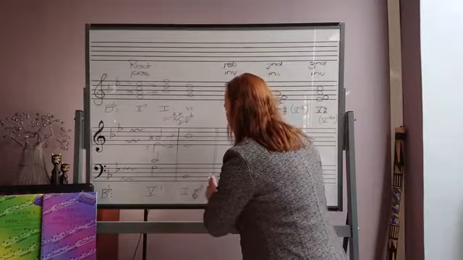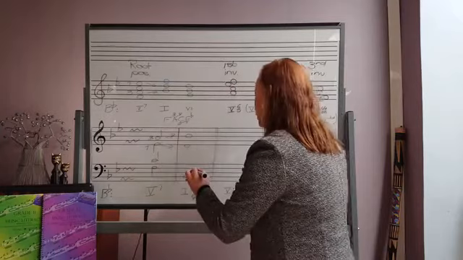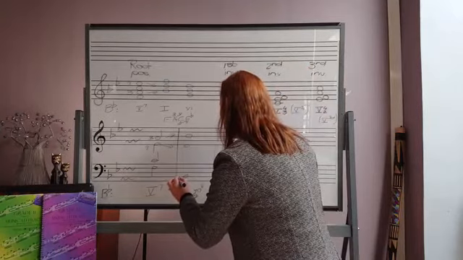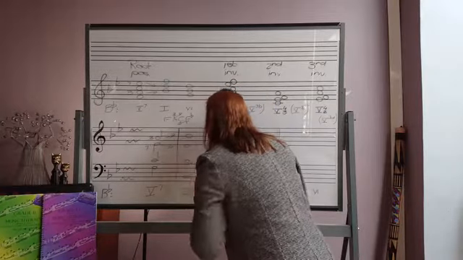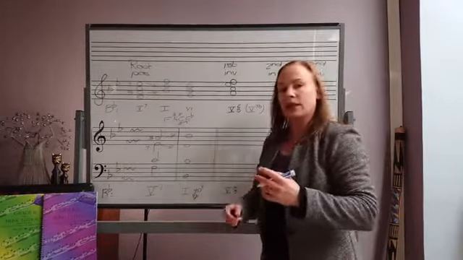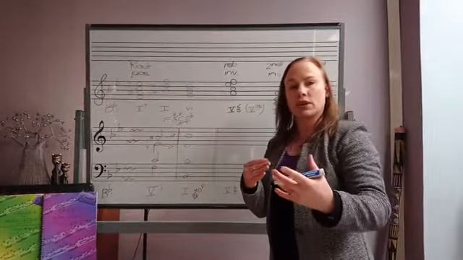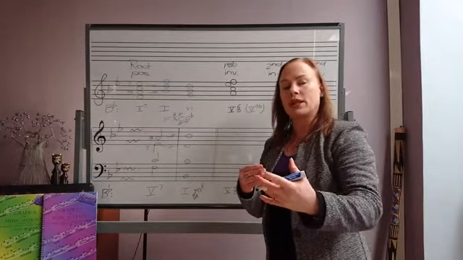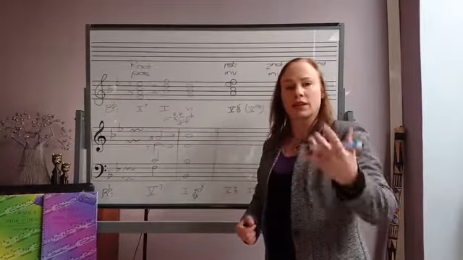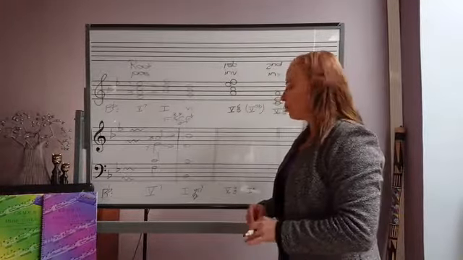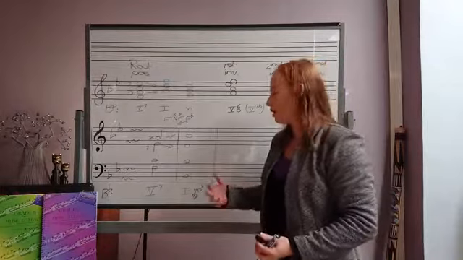Okay, so it's B, D, and then we're going to have the F, but what I'm actually going to do here is use the alternative doubling possibility where I triple the root, omit the fifth, and then I still have the third, which gives me the major quality of the triad.